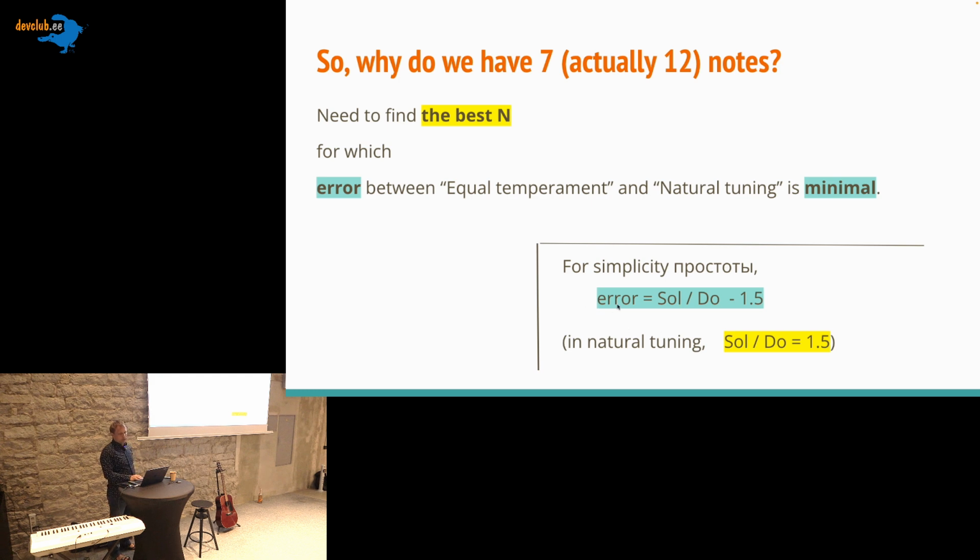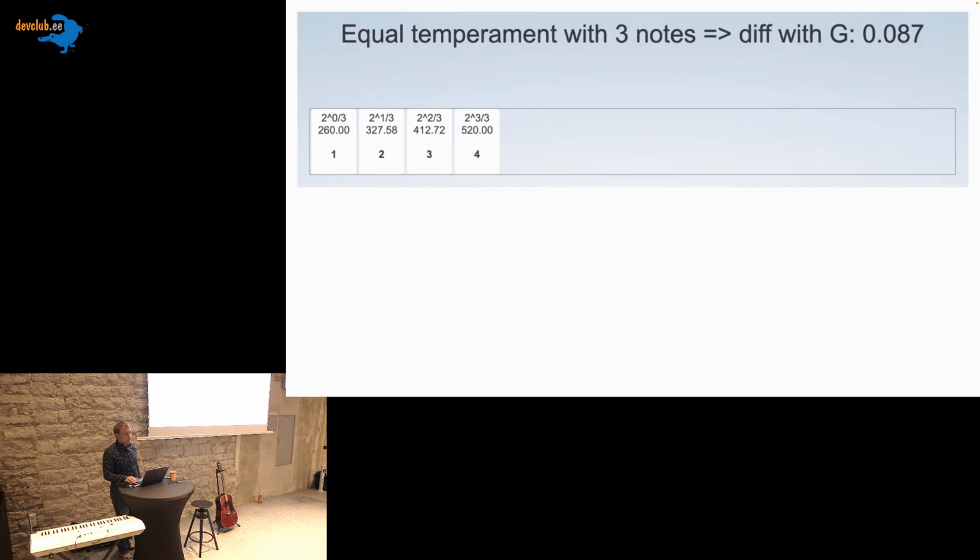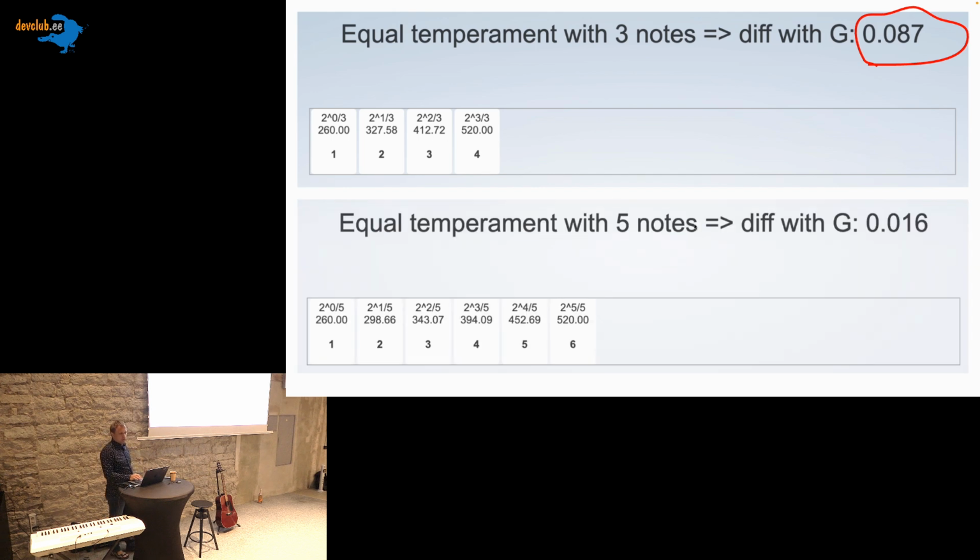So let's count this as an error and find for which number of keys this error would be minimal. If we would divide an octave into 3 notes, then the error would be quite big. If we would divide the octave into 5 notes, the error would be a little bit lesser.